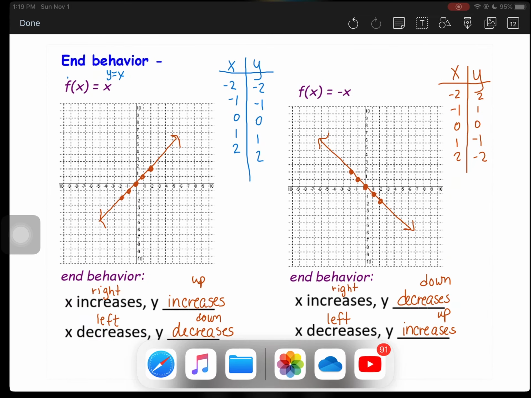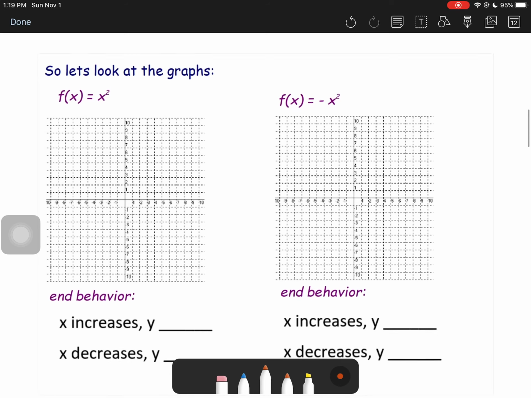If we were to do this also with our next function, which is x squared, we will make a table for this. As we had just finished, we'll put 0, 1, 2, 3. We're squaring them. And we know that this is a parabola. So we're going to be at (0, 0), (1, 1), (2, 4). Then we have (3, 9).